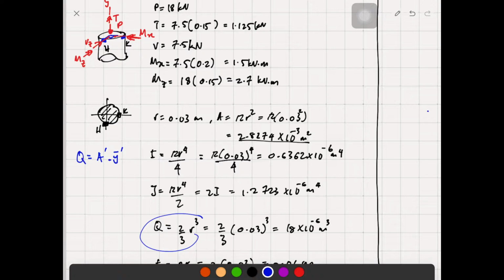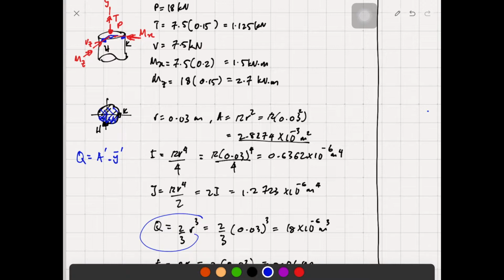For Q, the prime represents the same concept as the centroid, but Q depends on whether the area is above or below. We don't have that above and below case for a shaft, because the area at the top and the bottom of this circle are equidistant.